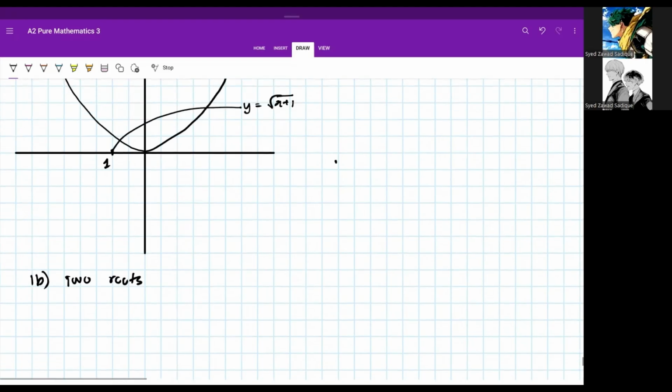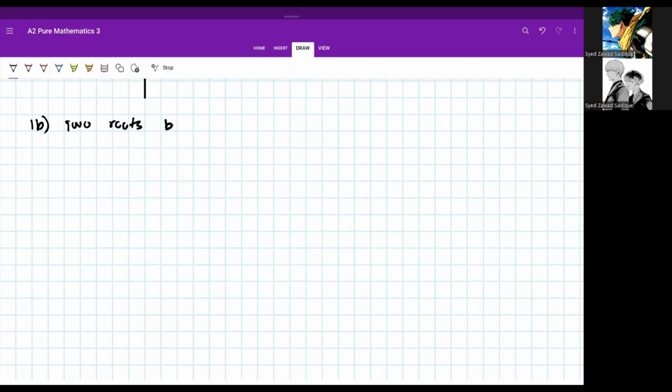Why? Because there is 1, 2. Because 2 points of intersection. Right.